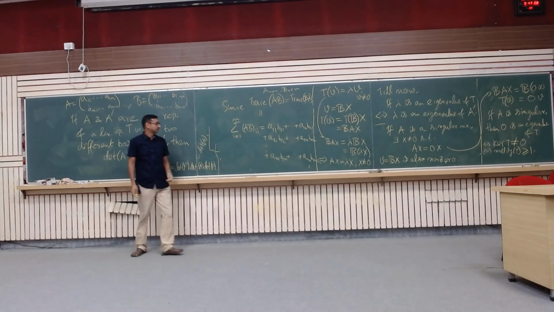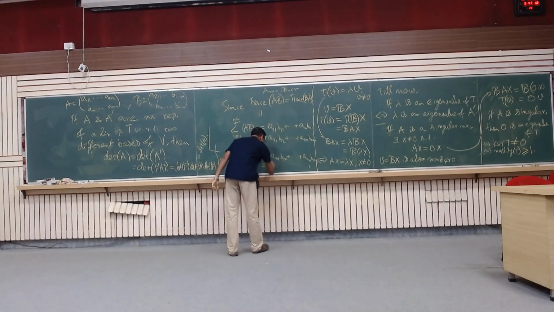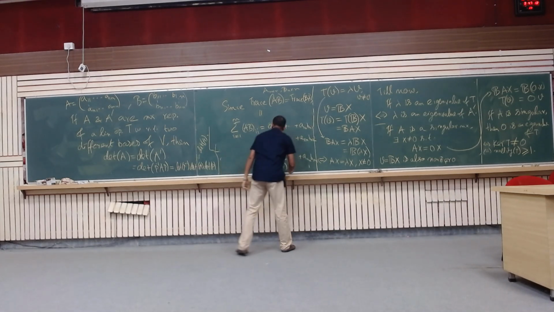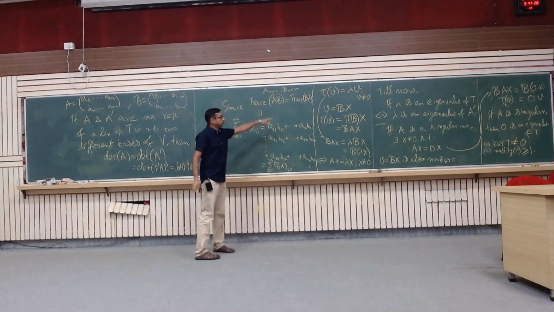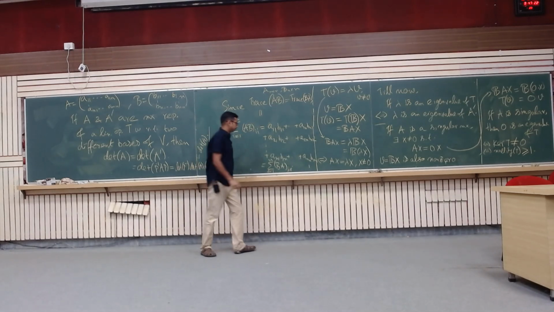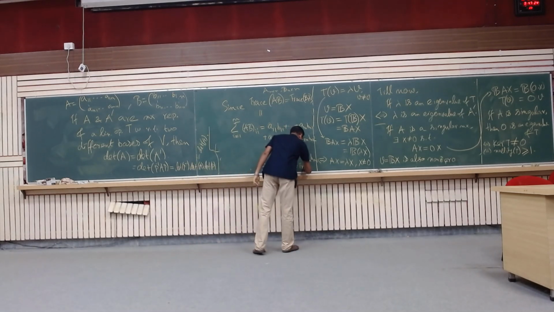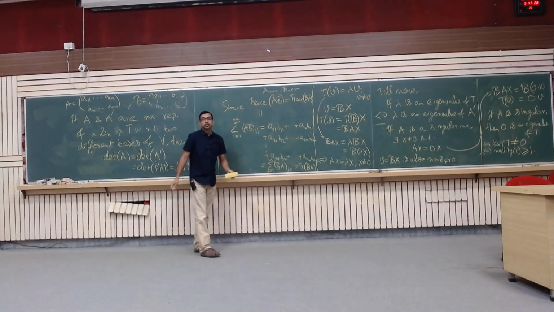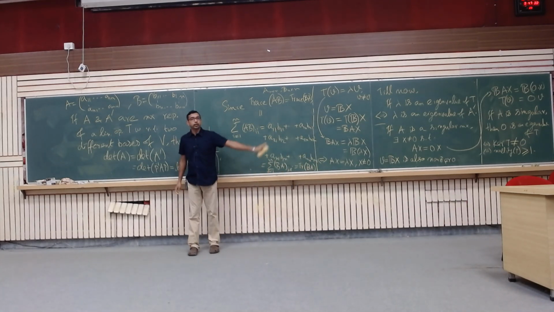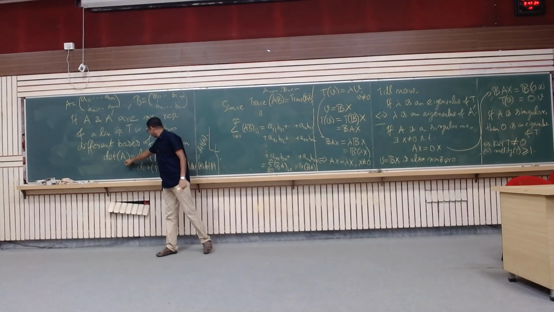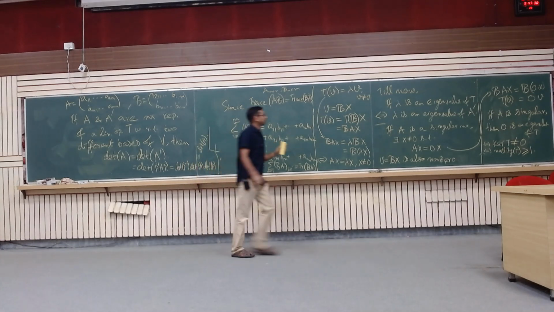So this is equal to the summation over BA jj, with j running from 1 to n, and that is actually giving you the trace on the right side. All right. So now we are going to use this to get that the traces of A and A dash are the same.